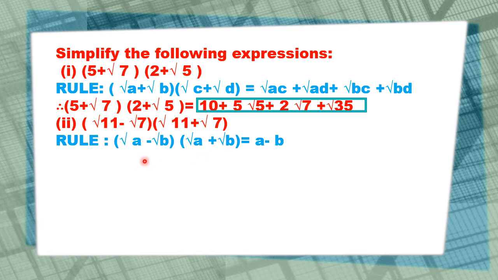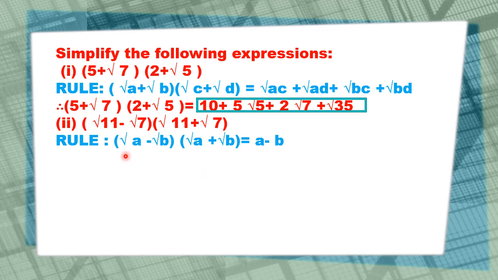Let me explain one identity which we have done in previous classes: (a minus b) into (a plus b) is a squared minus b squared. So here also the same process is applicable. Root a whole squared will be a and root b whole squared will be b. It means root b into root b is b and root a into root a is a.